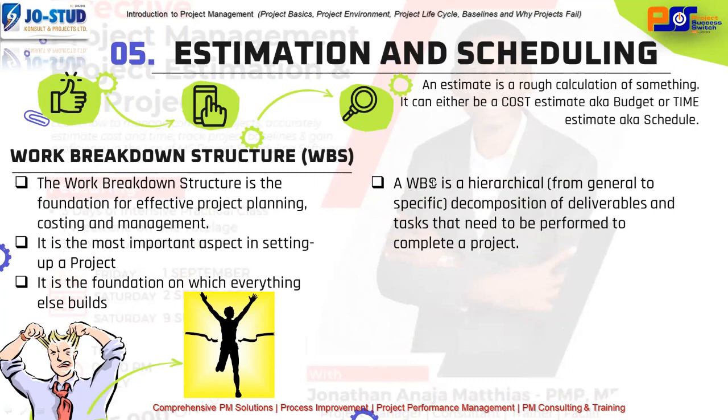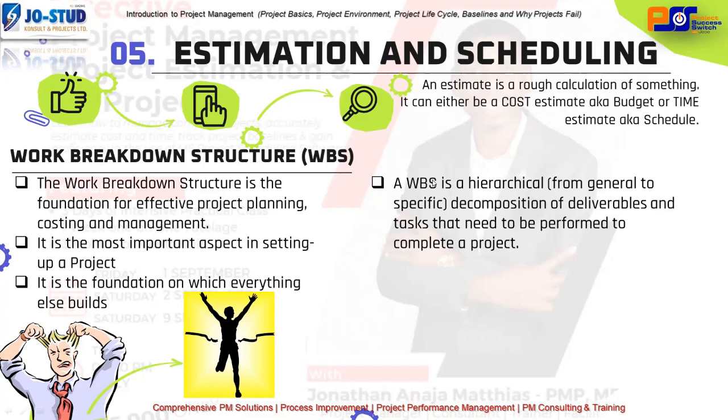Yesterday I said project is simply having a work to do. Any work you have to do that has a start date and an end date, and it has an objective to deliver, it's a project. Any work you have to do, it doesn't need to be construction. So what WBS is saying, the work you have to do, break them down, decompose them into small measurable activities.